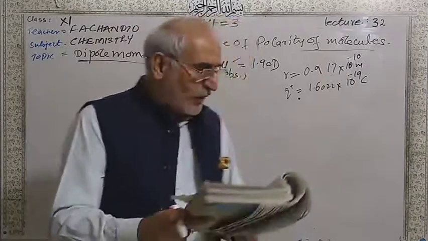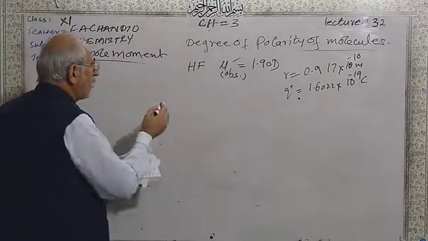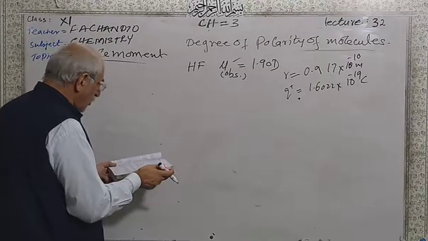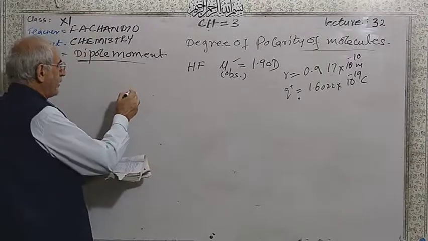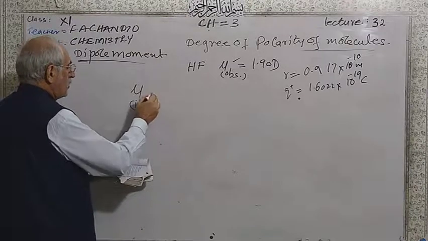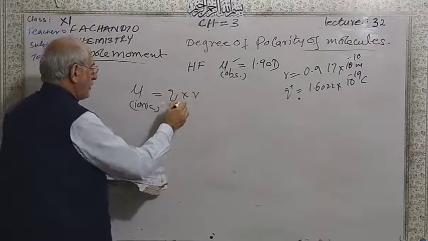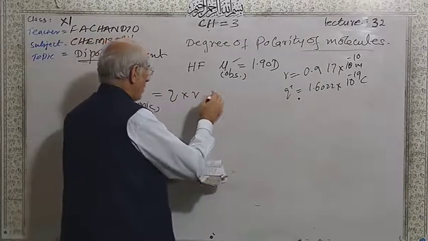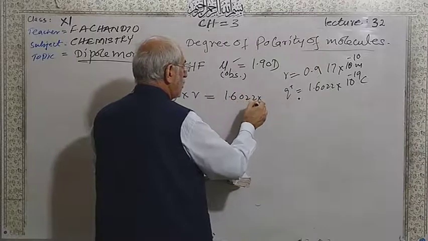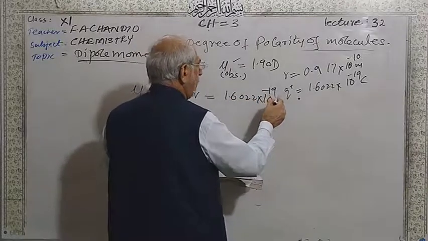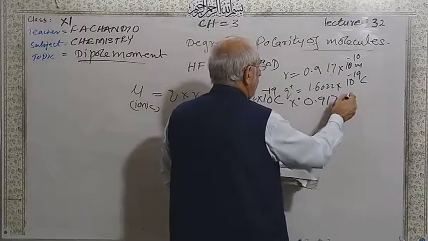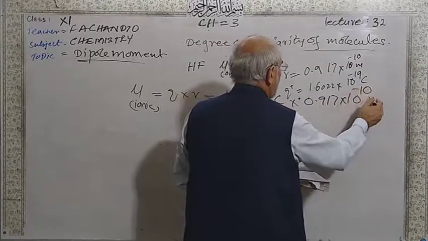So when you apply the formula for calculating the ionic dipole moment, Q into R, that means 1.6022 into 10 raised to the power minus 19 coulombs multiplied by 0.917 into 10 raised to the power minus 10 meters.